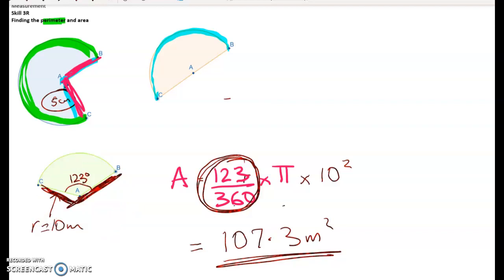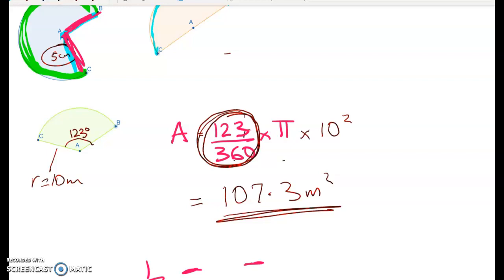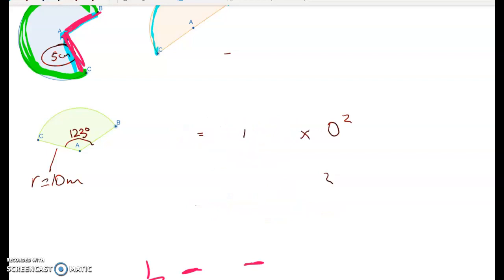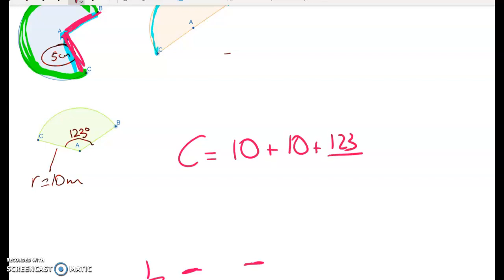Right, we'll get rid of that big mess now. So the circumference here is going to have that 123 out of 360 fraction. So C is going to equal the two straight sides, 10 plus 10, plus 123 out of 360 times 2 times pi times 10.